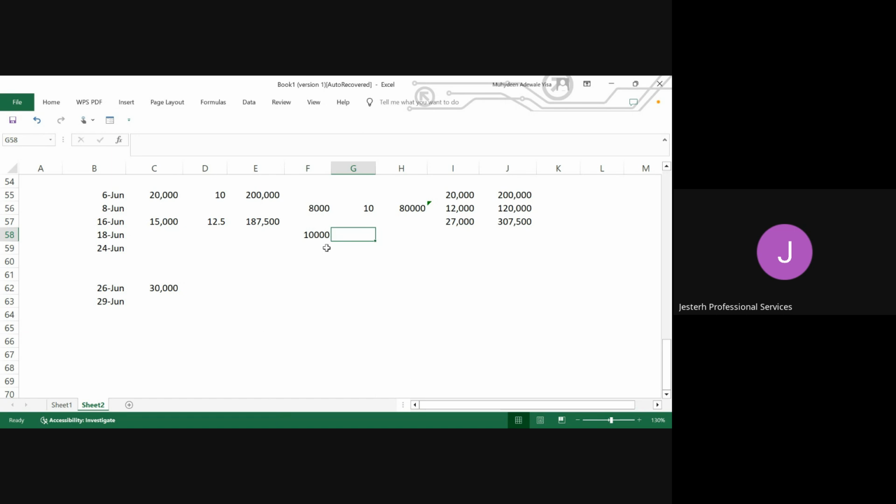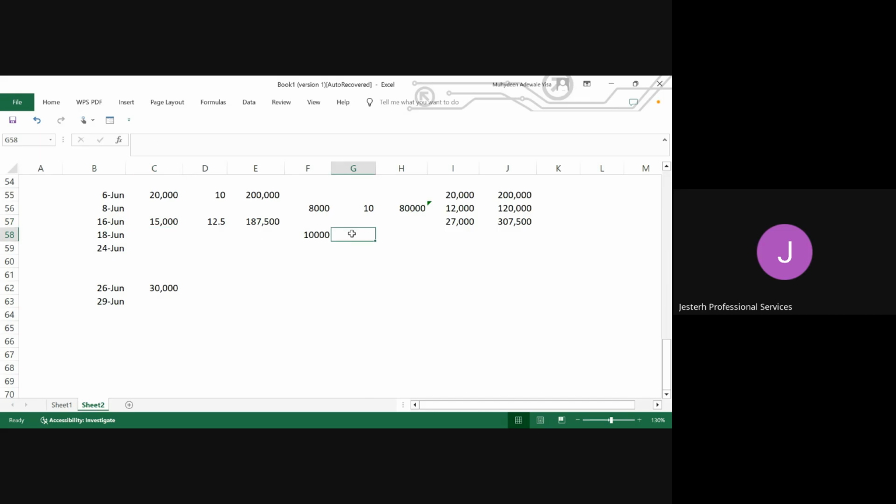Remember that in the old stock, we still have 12,000 that we have not touched. But this formula is telling us that what we bring in last is the one we need to issue out first. So we are not going to consider this 12,000 now. We'll consider our issue from this 15,000. You know, it's the opposite of what we just did.